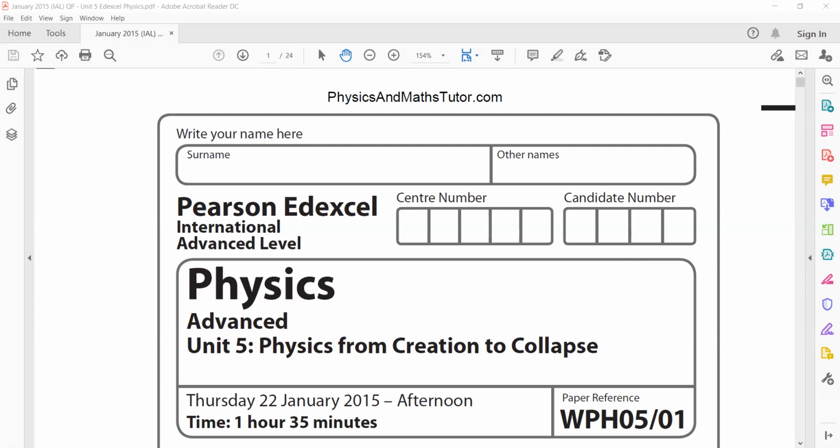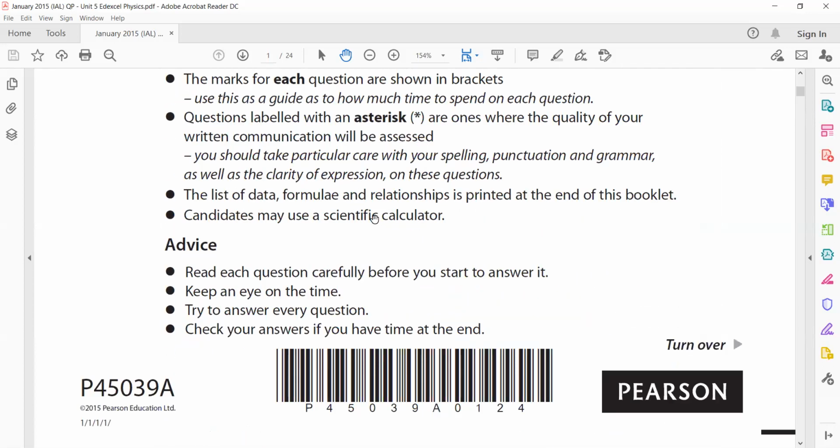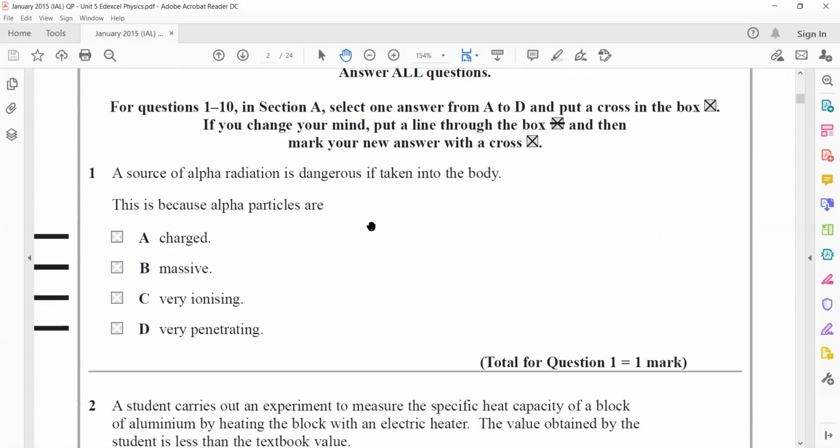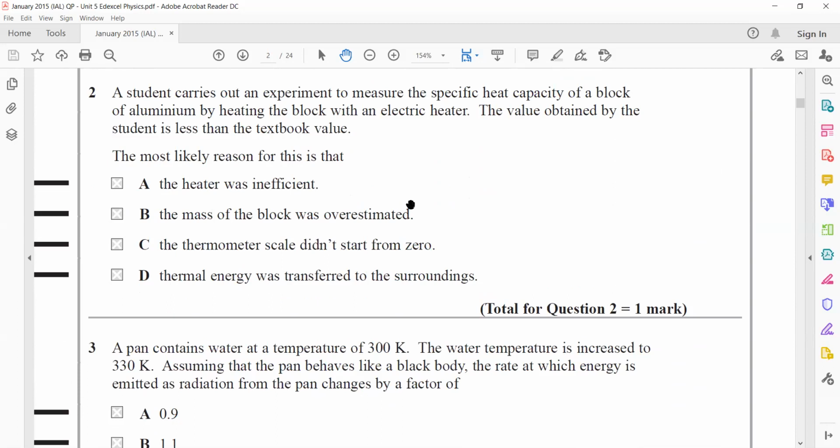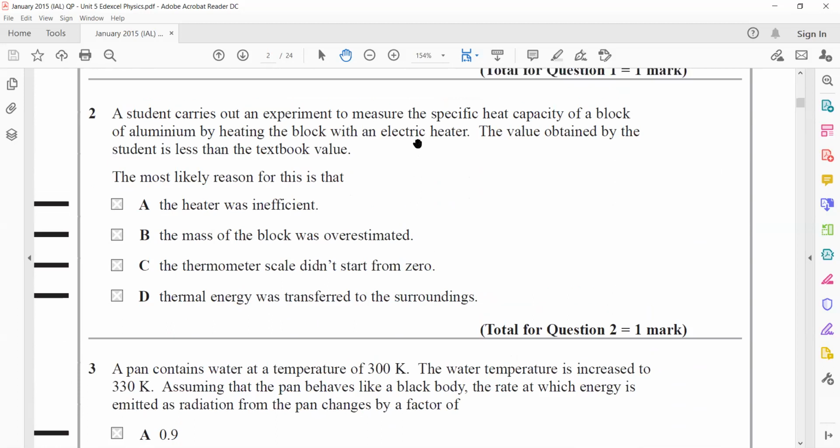So the first question is, okay, question 2. What could be the right answer?